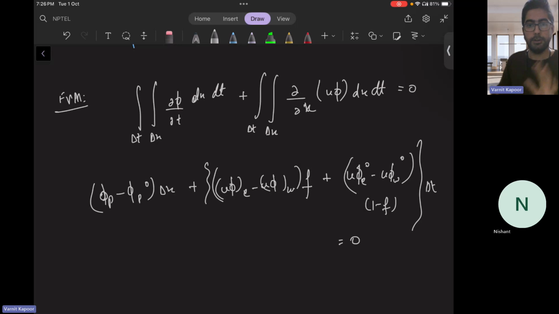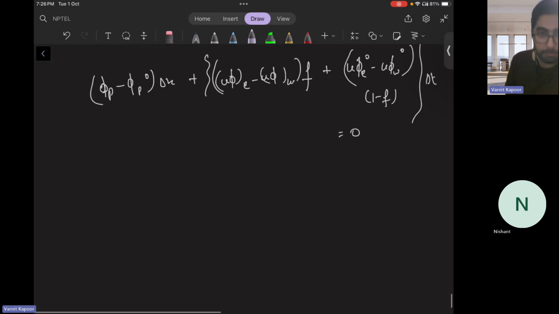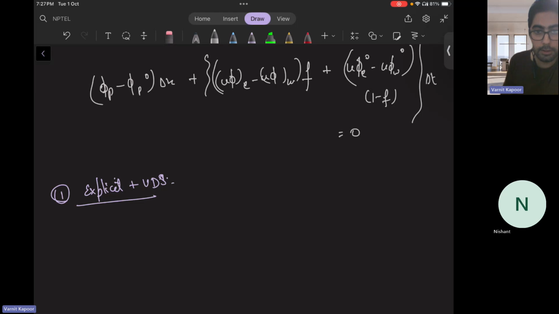If we are dealing with the first case, when it is explicit, explicit means f will be 0. First case: explicit plus central differencing you are taking. So f is equal to 0 for explicit, u is constant.